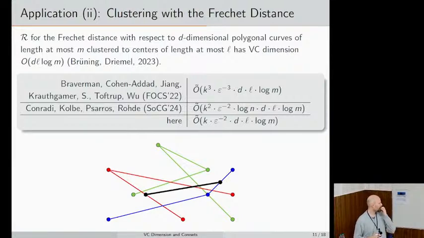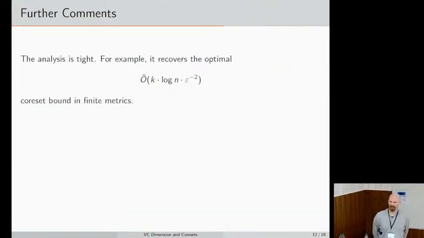Okay, so maybe one final comment to put this into a slightly bigger context before I move on to how we did it. The bound that I gave you today is tight. If I'm not going to make any further assumptions on what the metric is, I cannot really do better than this VC dimension, because there exists a metric where this coreset size is going to be optimal.